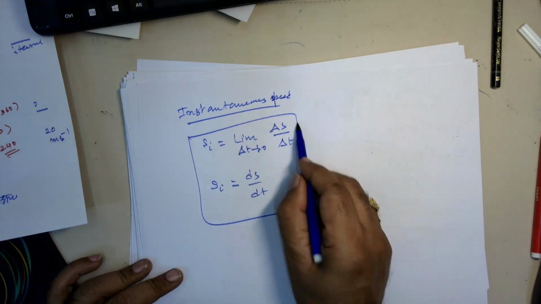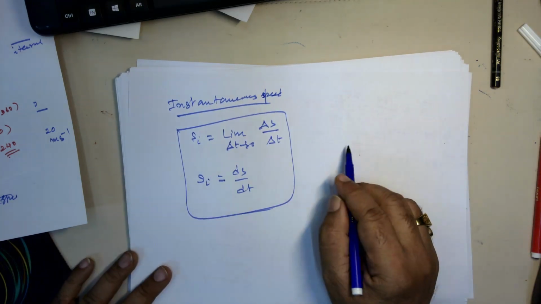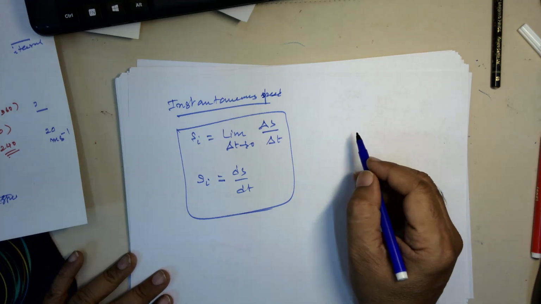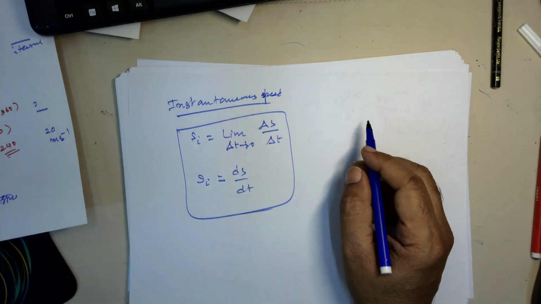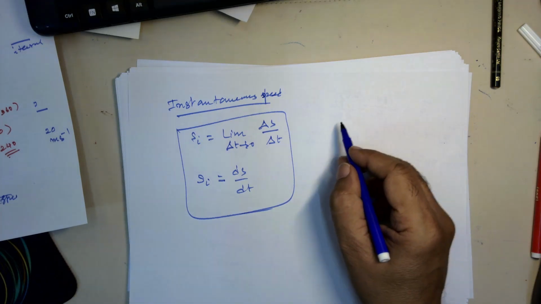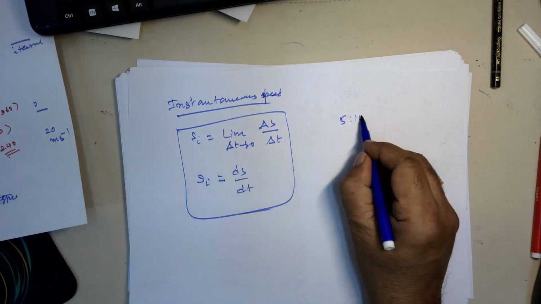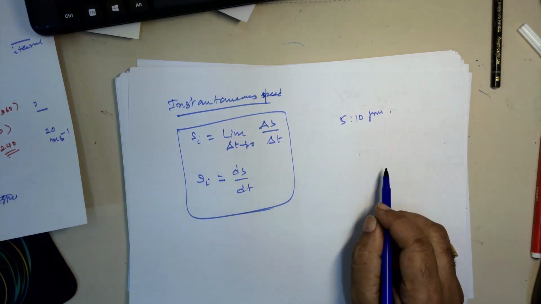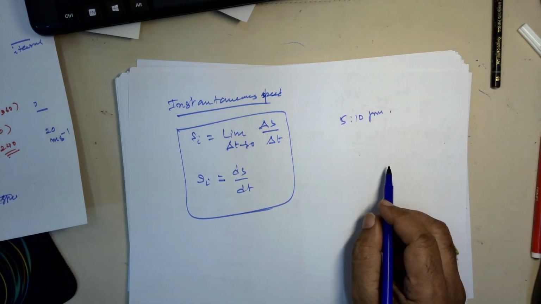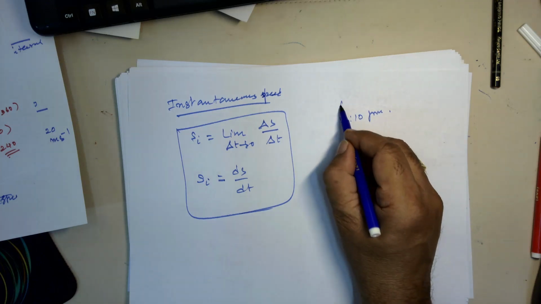Now let me explain. For example, at what time did I start this class? 5:10, right? And what is the time now? 6:56.